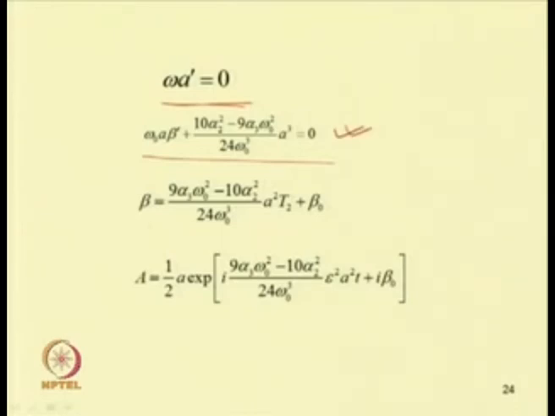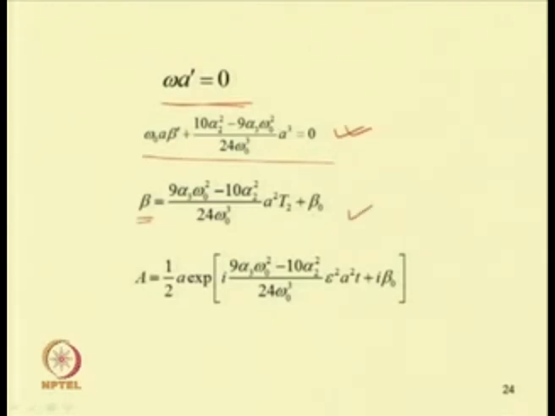So, from the second equation we can write this beta equal to (9 alpha 3 omega 0 square minus 10 alpha 2 square) by 24 omega 0 cube a square t 2. So, one a has gone, because a is multiplied with this, plus beta 0.